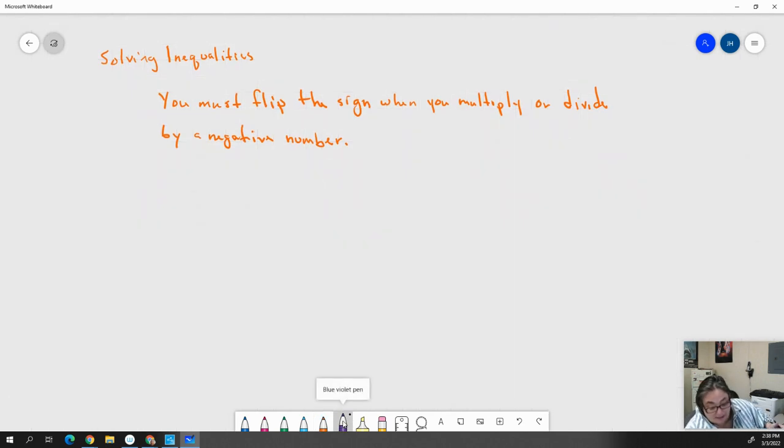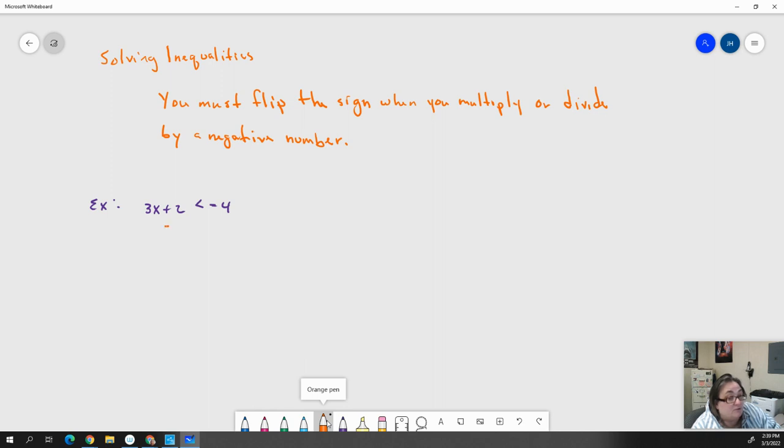So let's look at a couple of these examples that I have here. If I have 3x plus 2 is less than negative 4, the whole idea, just like when we're dealing with an equation, is we want to get that x all by itself. And so we're going to start undoing all the things that have been done to it, in that same backwards order that we did before.